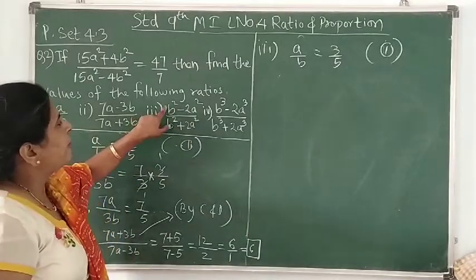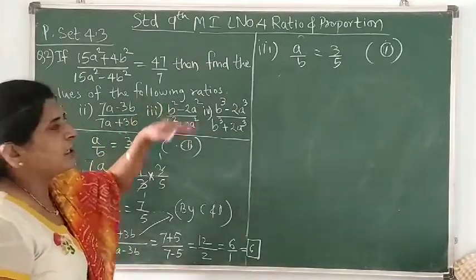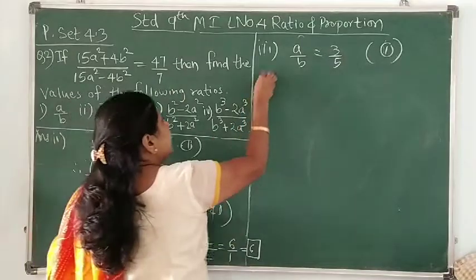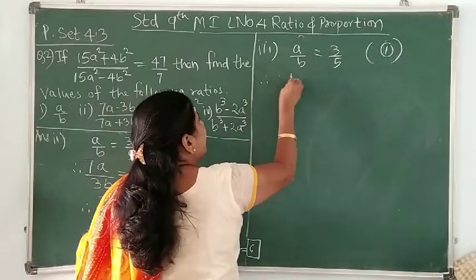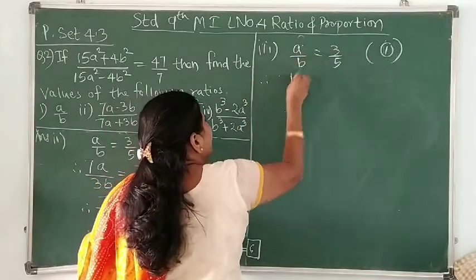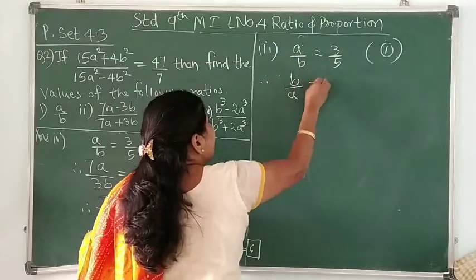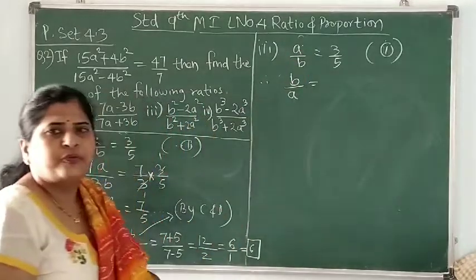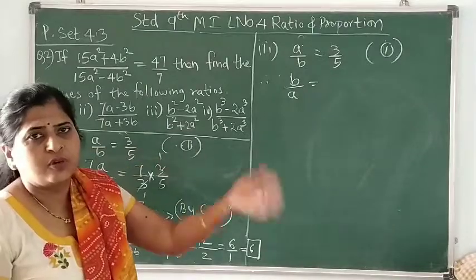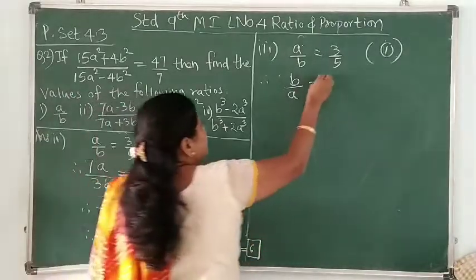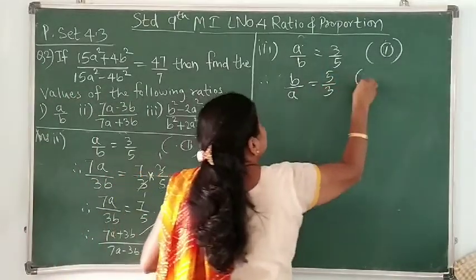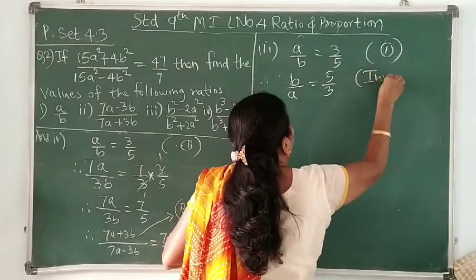So basically we want the b term to be first and then the a term. That's why let's take the invert. So if we have a upon b is equal to 3 upon 5, therefore b upon a. As we are taking the inverse ratio of the left side, we have to take the inverse on the right side also. It's going to be 5 upon 3. So here we write invert.